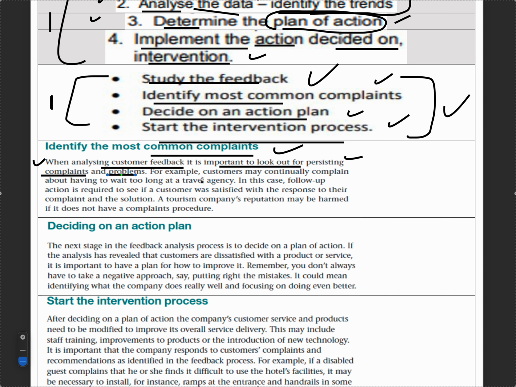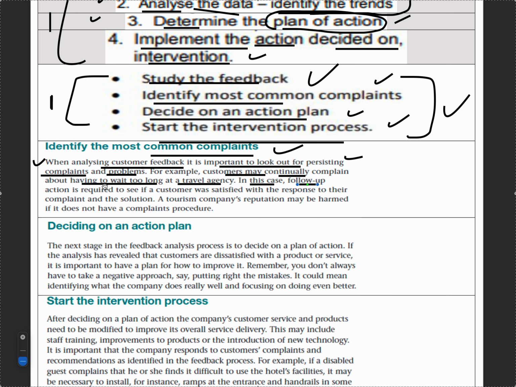For example, here they give us an example of a common complaint and how it occurs. A customer may continually complain about having to wait too long at the travel agents. In this case, there should be a follow-up action, because that is the problem that is always happening.